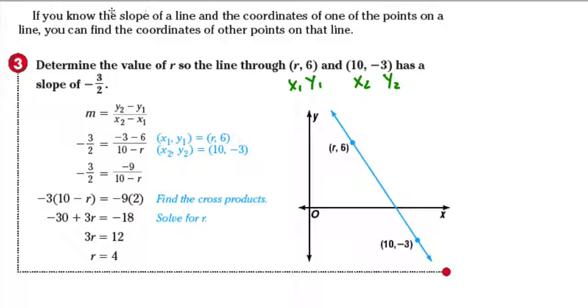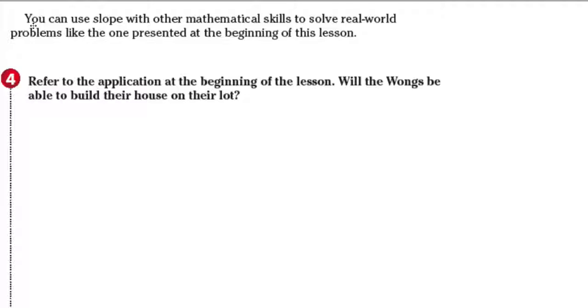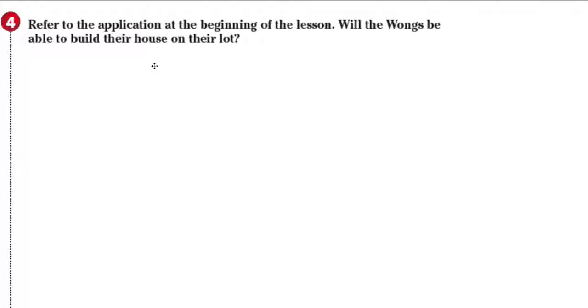Okay, and let's take a look at the last example. You can use slopes with other mathematical skills to solve real-world problems like the one presented at the beginning of the lesson. So let's go back to the beginning of the lesson, to the Wongs' problem. Look at your book so you don't have to rewind the video.